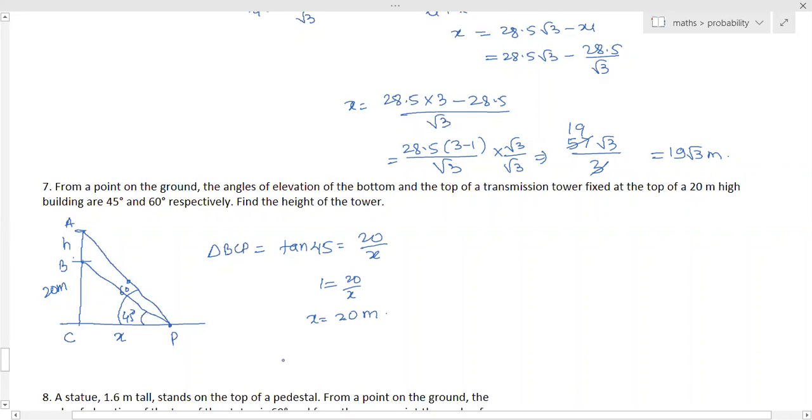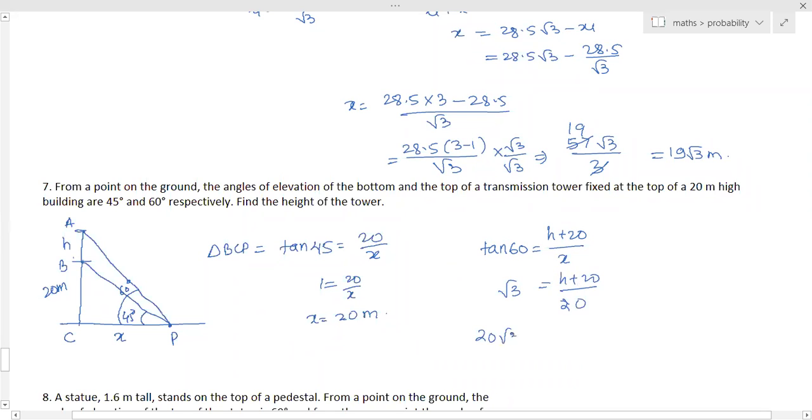Yes, ma'am. Even I got 14.64. Okay, let me check. I'm on the midway. Okay, ma'am. Then next one, bigger triangle tan 60 is equal to H plus 20 by X. That is root 3 is equal to H plus 20 by 20.